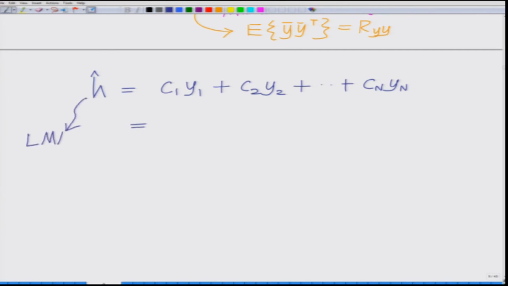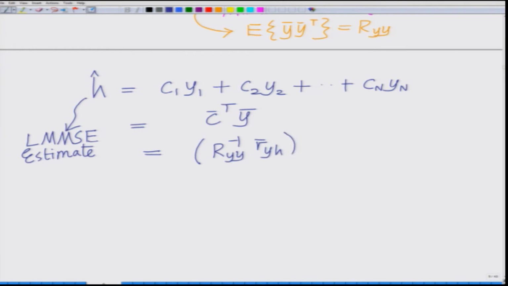Remember, now we are in the LMMSE domain. This is the LMMSE, which is equal to C bar transpose Y bar, and we already derived the expression for C bar. C bar is R YY inverse R bar YH, correct.